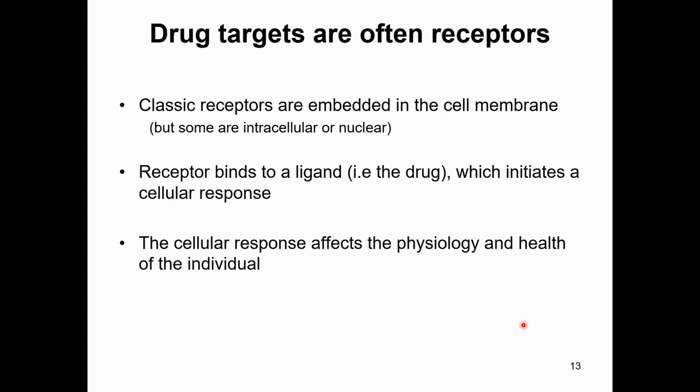They're there to signal the cell to do something when something binds to that receptor. We didn't evolve receptors so that we could develop pharmacology, right? They're all there naturally occurring, and receptors bind something endogenous in your body normally. And so what we're really doing with pharmacology is we're tricking that receptor with an exogenous compound, a drug.